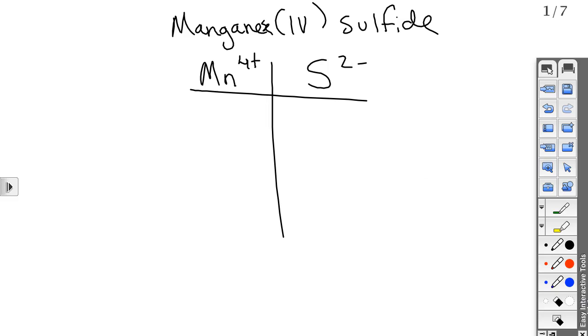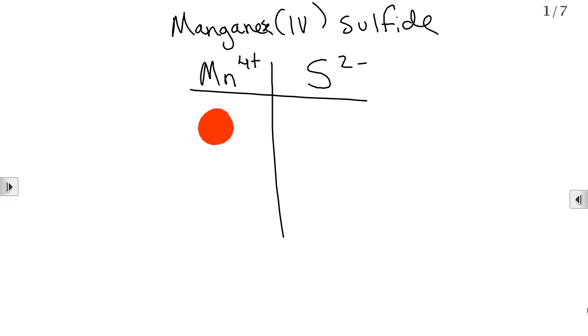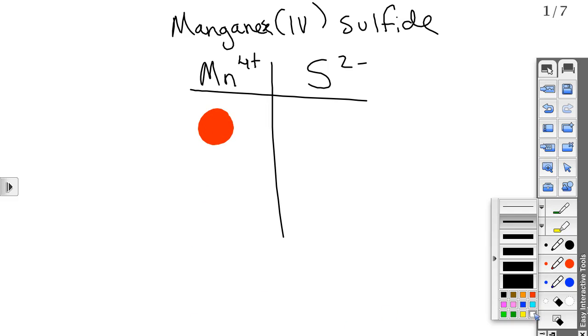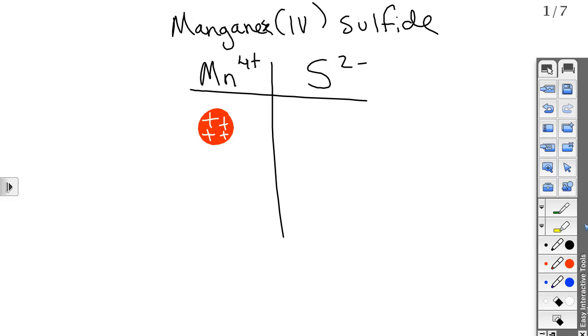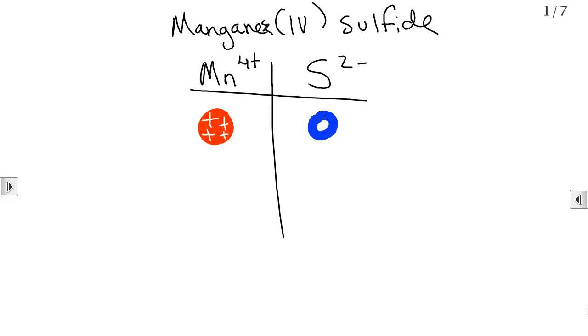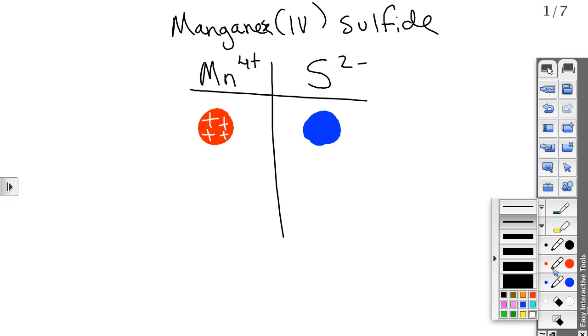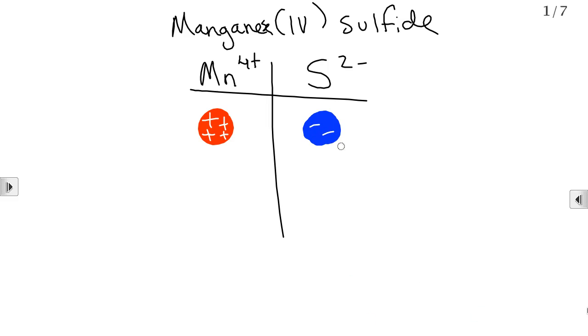So what I was showing them earlier, 1 manganese is 4+, and then 1 sulfur is 2 minus. Is this neutral?